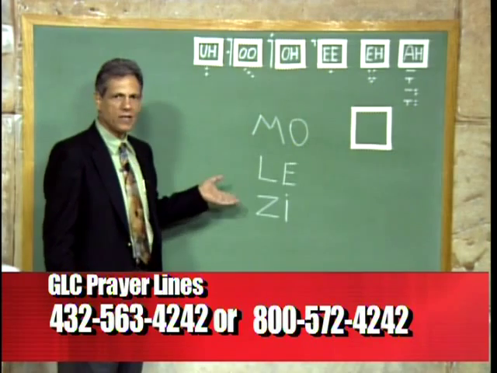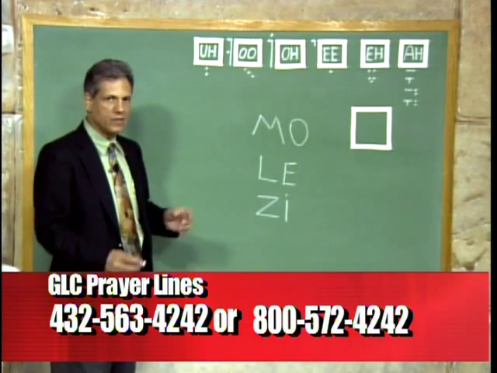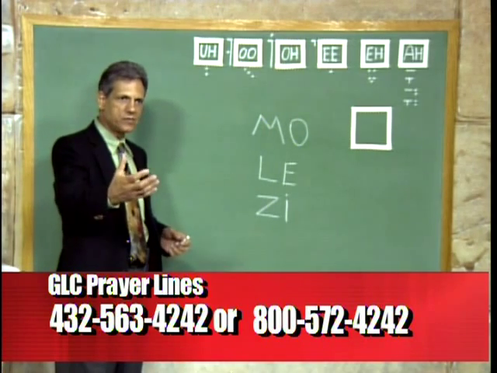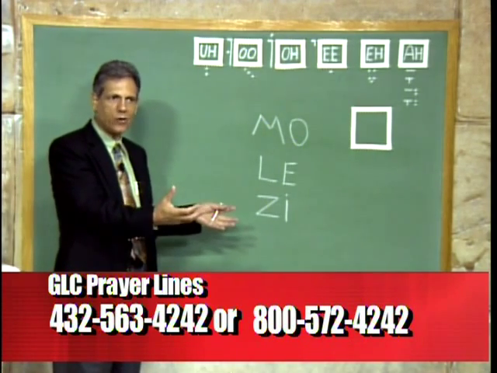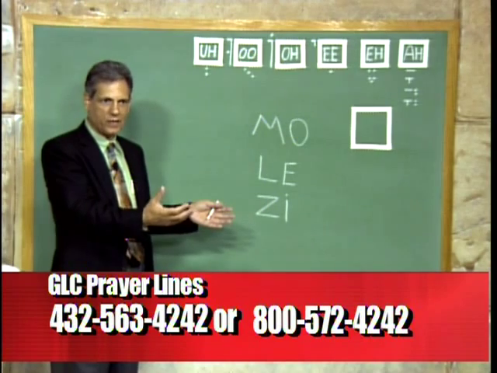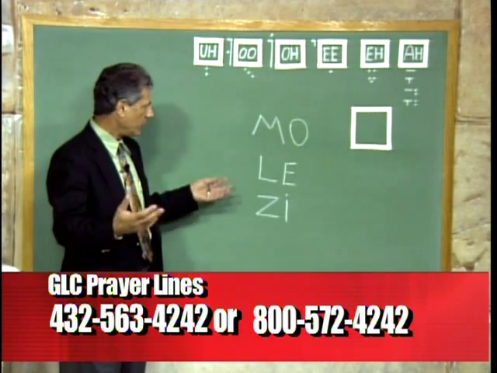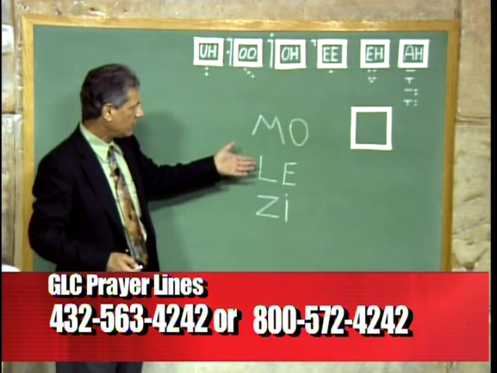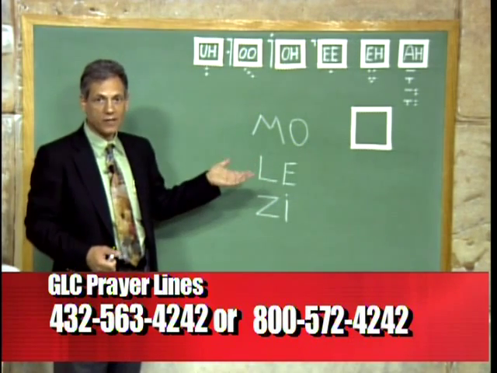So the same thing works in Hebrew, except in English we have letters that serve as the sound system, the I, O, U letters. And in Hebrew, it works a little different.